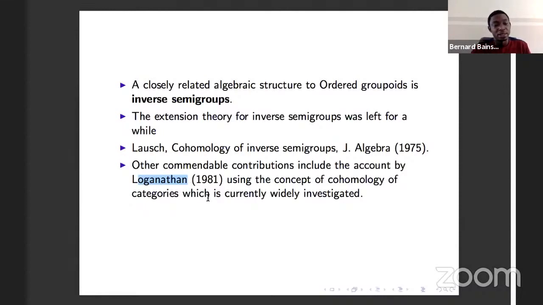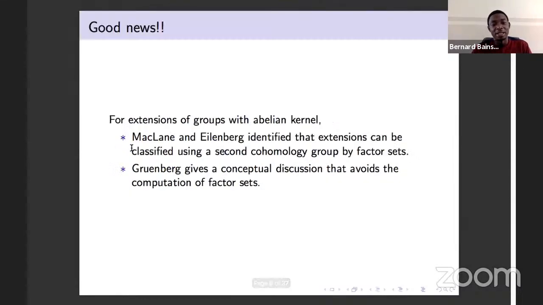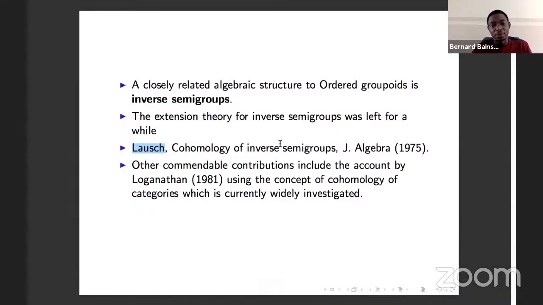So there are inverse semigroups, there's the cohomology of inverse semigroups, and then Lausch just did, as was done by MacLane and Eilenberg, a factor set approach. But Loganathan also later gave a different account based on what Lausch has done, but using the cohomology of categories. So out of the inverse semigroups, he built a category and then used the cohomology of that category to classify all the equivalence classes of extensions of inverse semigroups.